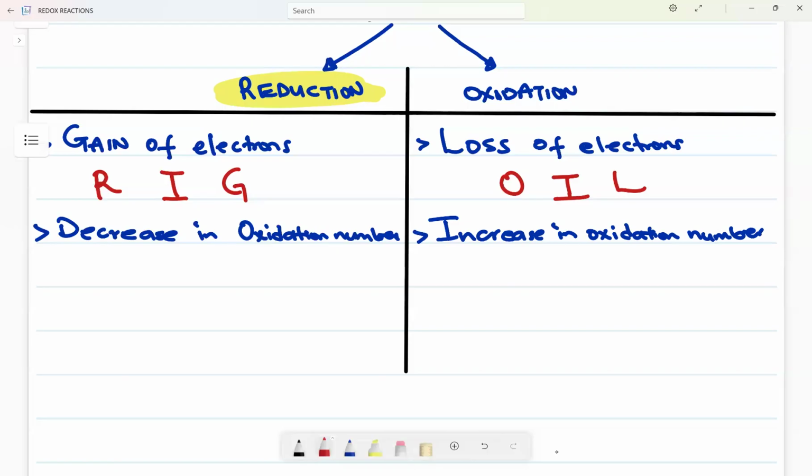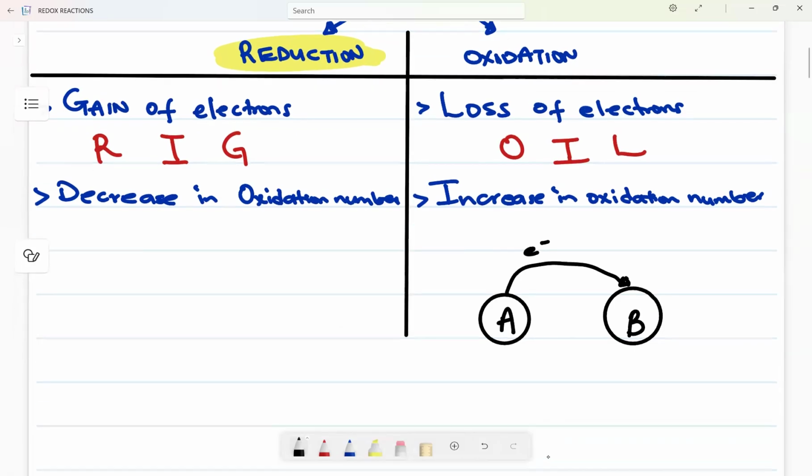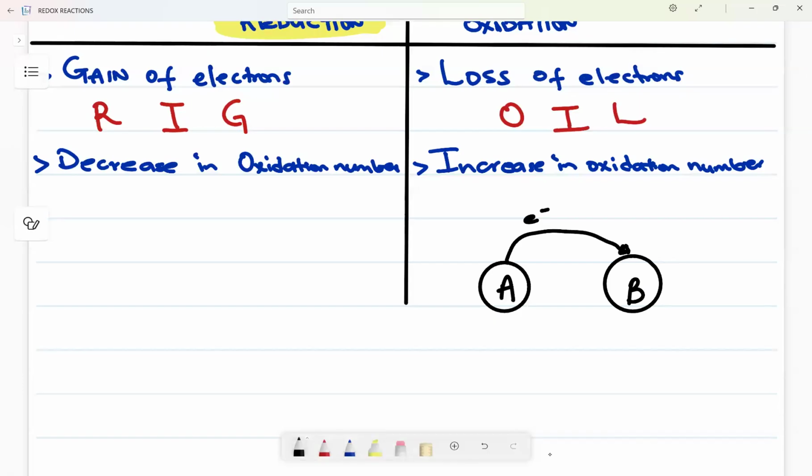For argument's sake, if I were to make an example, if I have a compound A and B, and electrons move from A to B, what happens?